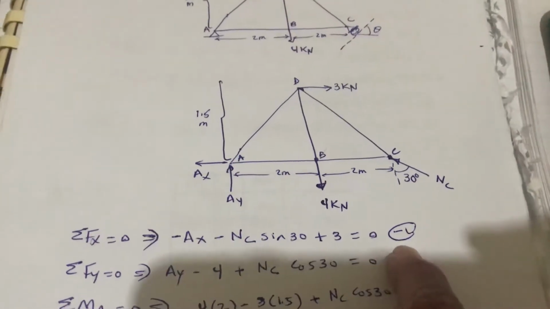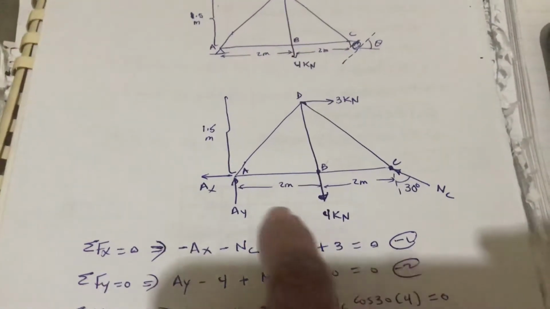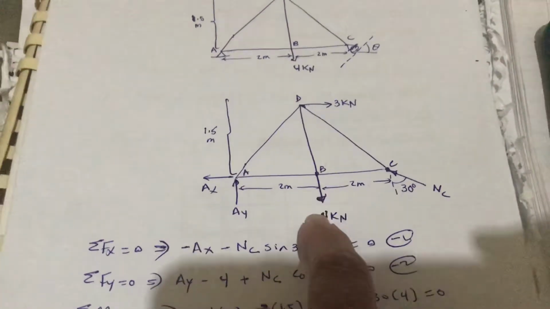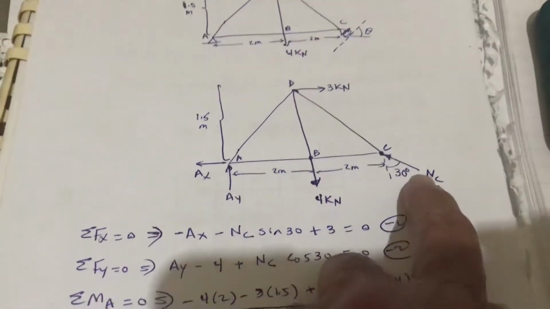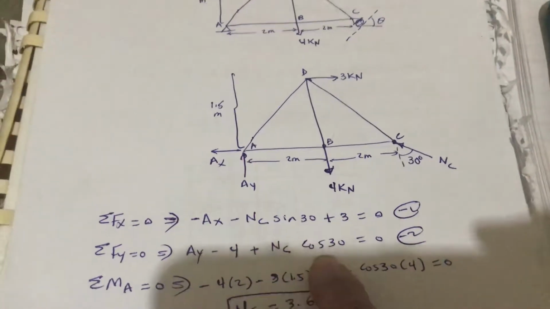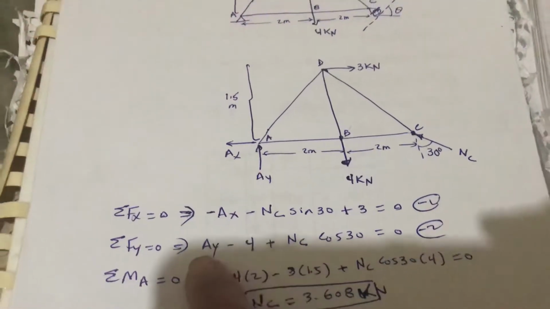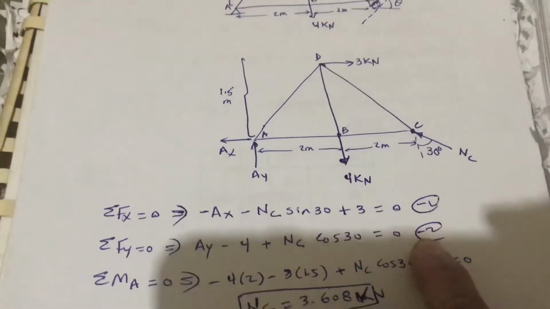So let's call this one equation 1. Let's do summation of forces in the Y. We have AY in the positive. We have 4 in the negative. And we have this one, NC cosine 30 in the positive. Now we have AY and we have NC. So we have two unknowns. We call it equation number 2.